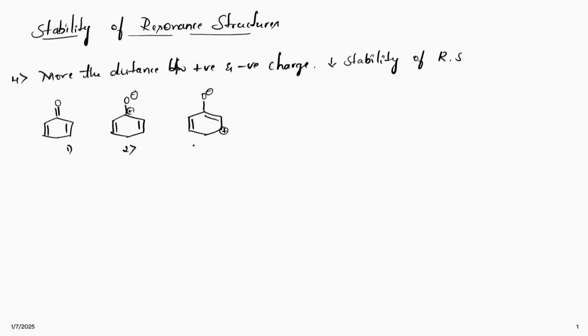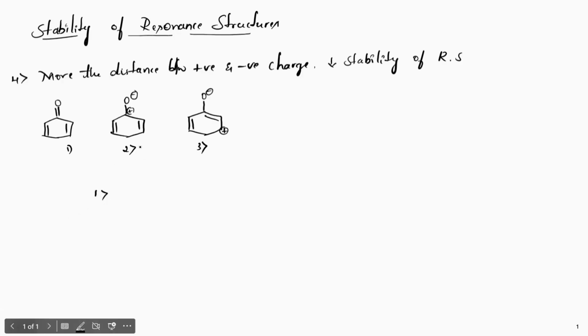First, second, and third. Which is the most stable resonance structure among these three? According to the first rule, neutral species are more stable than charged species. Therefore, the stability of the first is greater than these two.